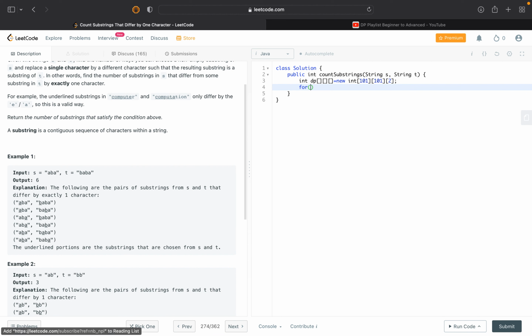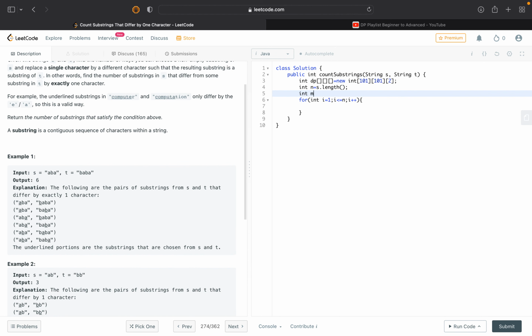Now I'll simply iterate over n. Let me declare n. n is the length of the s string and m is the length of the t string. And j is equal to 1, j less than or equal to m, j plus plus.